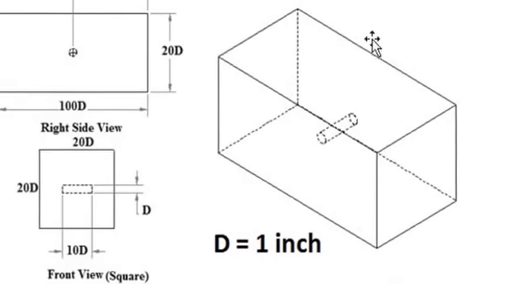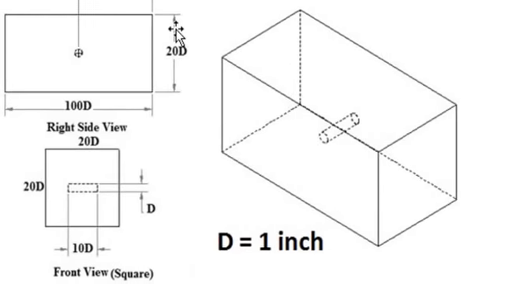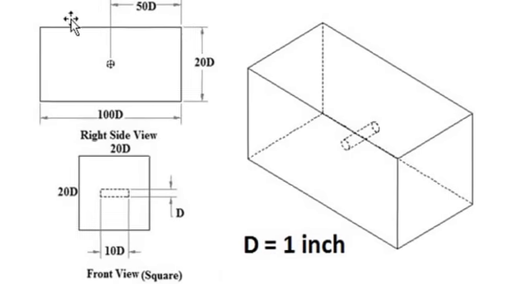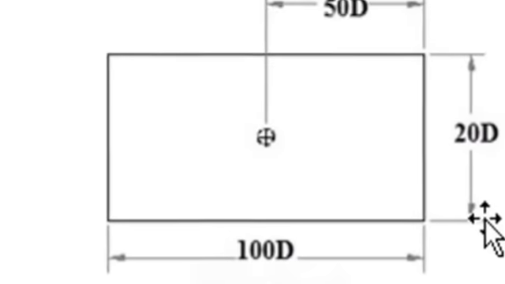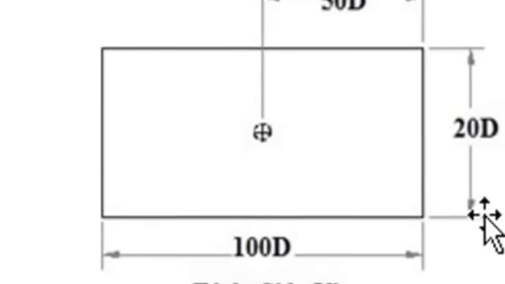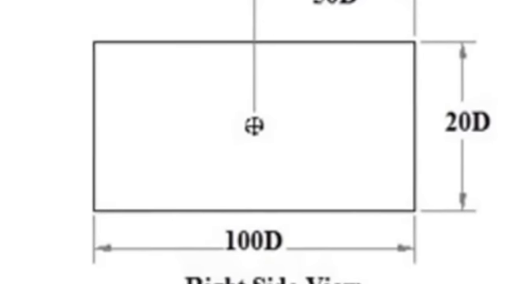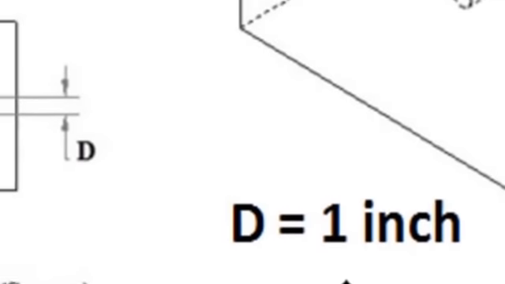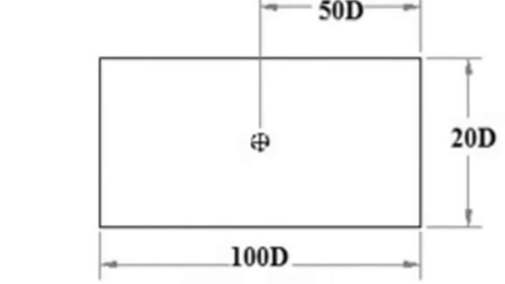So from this domain, if you want to develop a 2D domain, it should look like the right side view, and the dimensions are given below. The diameter of the cylinder is 1 inch and the domain is based on the diameter d.